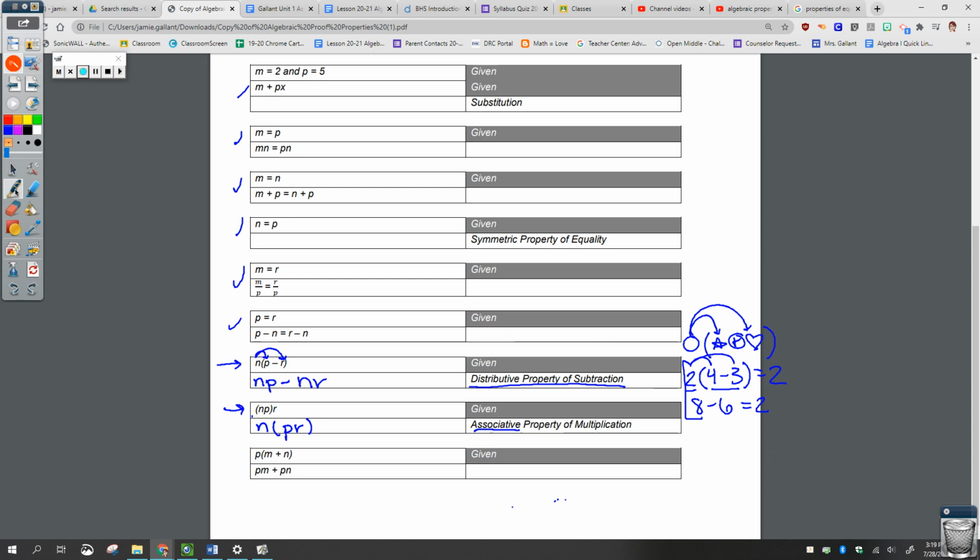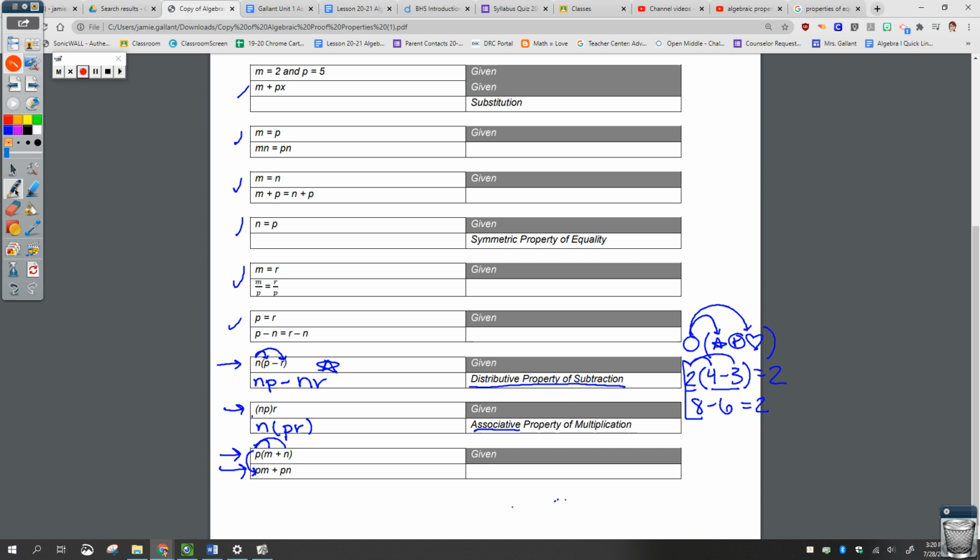Okay, last one. I think, yes, this should be the last one. So we have p times m plus n, and then after that, we have pm plus pn. So what did I do to get from step 1 to step 2? Well, just like in this one, I distributed.